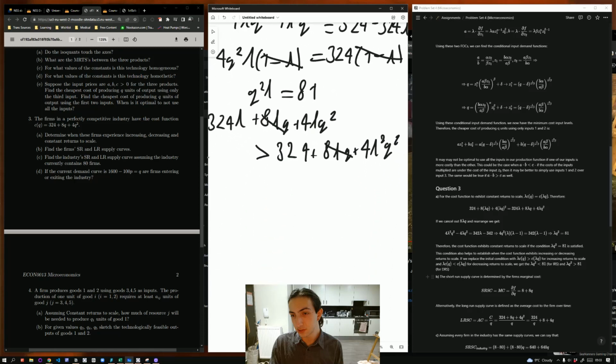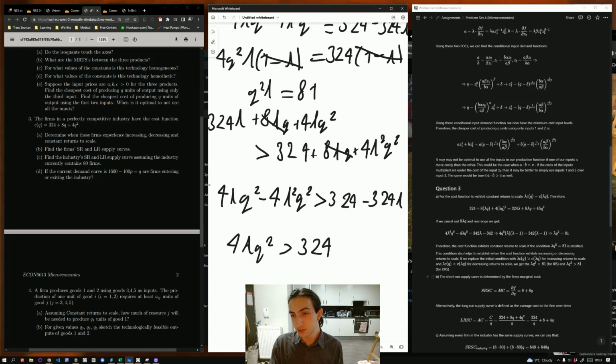So we have 4 lambda q squared minus 4 lambda squared q squared larger than 324 minus 324 lambda. And then we're basically going to do the same thing as last time, leaving us with 4 lambda q squared, I believe, which is going to be larger than 324.